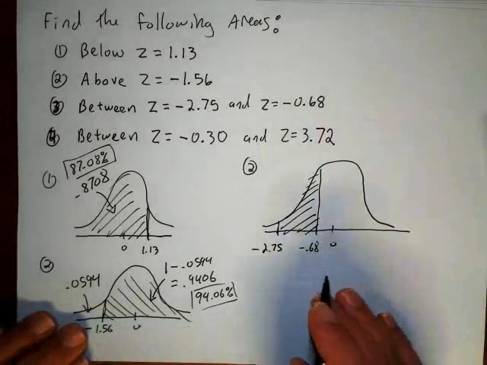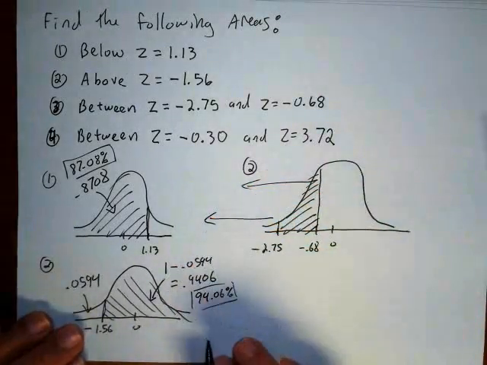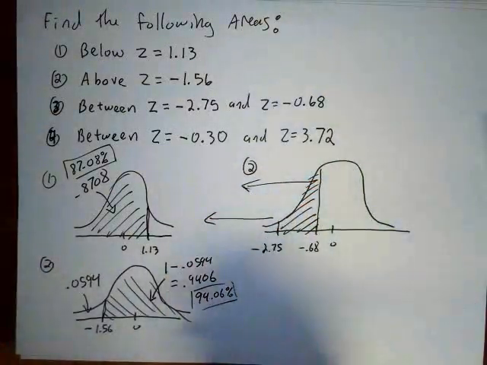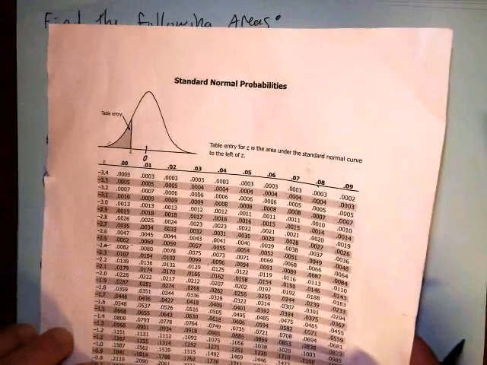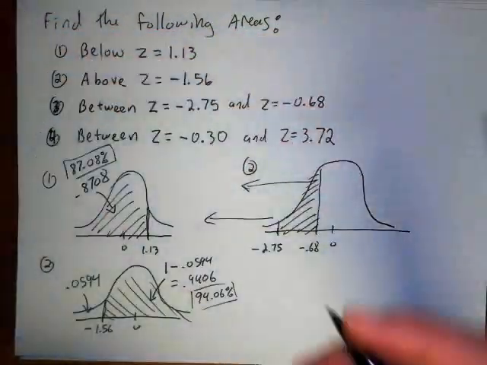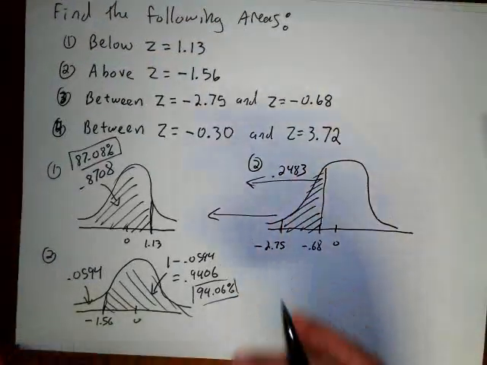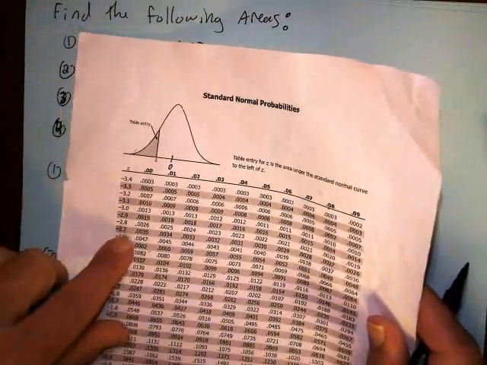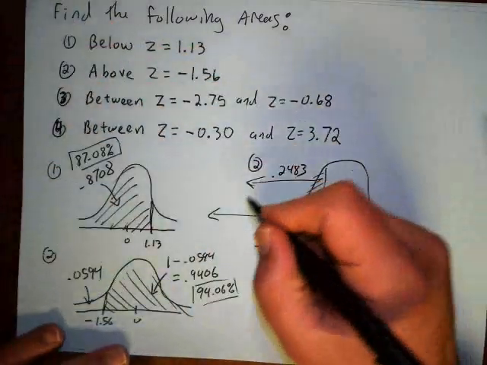So what I want to do is look up both of these and subtract the two areas. On the negative side, negative 0.68, and I get 0.2483. And then I look up negative 2.75, and I get 0.0030.